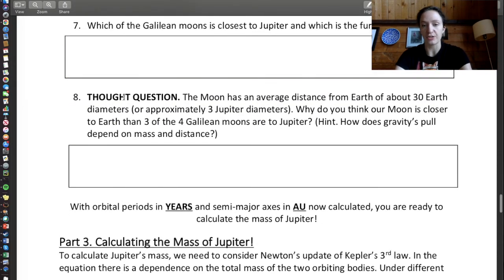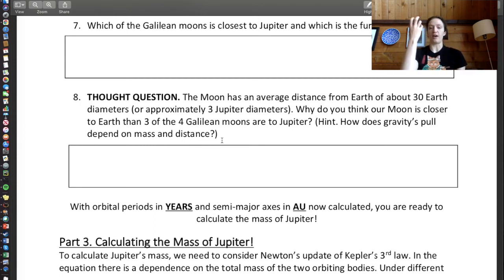The moon has an average distance from Earth of about 30 Earth diameters, pretty dang far away, or approximately 3 Jupiters. Why do you think our moon is closer to Earth than 3 of the 4 Galilean moons are to Jupiter? And the hint is, how does gravity pull depend on mass and distance, right? So you have to think about, we have this thing called gravity. It is dependent on how big your thing is.